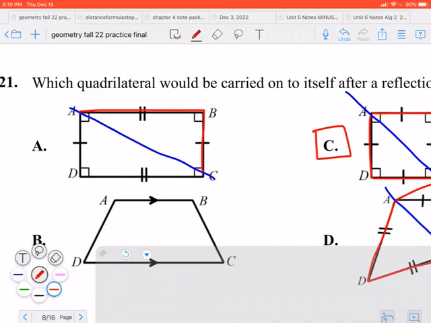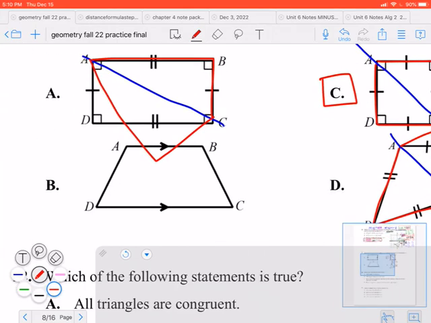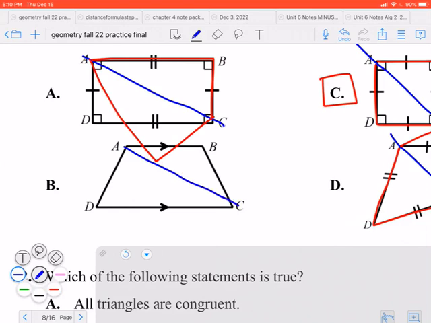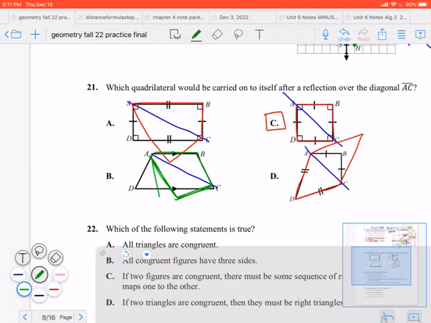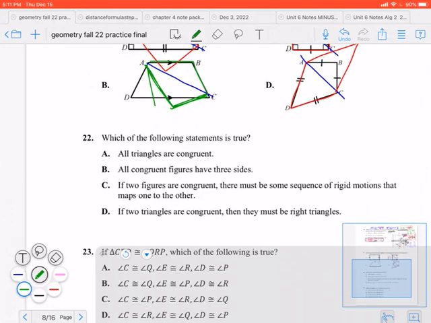This side would go something like that. And here, this side would, oh, I did a bad job, didn't I? About like that. So, as you can see, letter C.